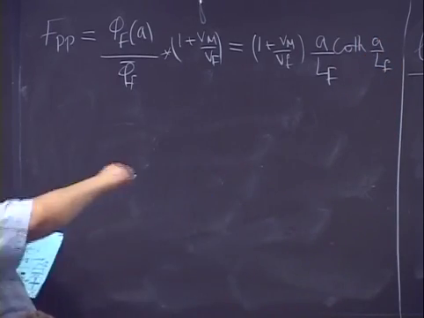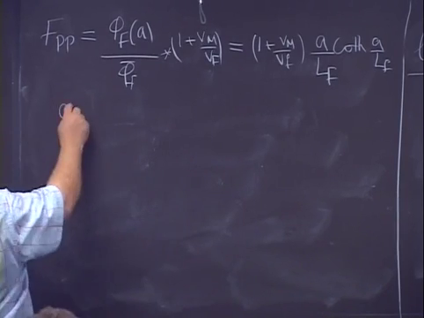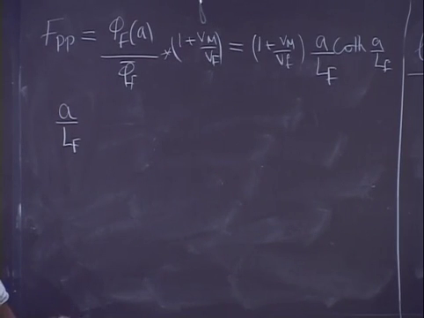And A is the half thickness of the fuel. So if A over LF, what's LF? Diffusion length in the fuel.